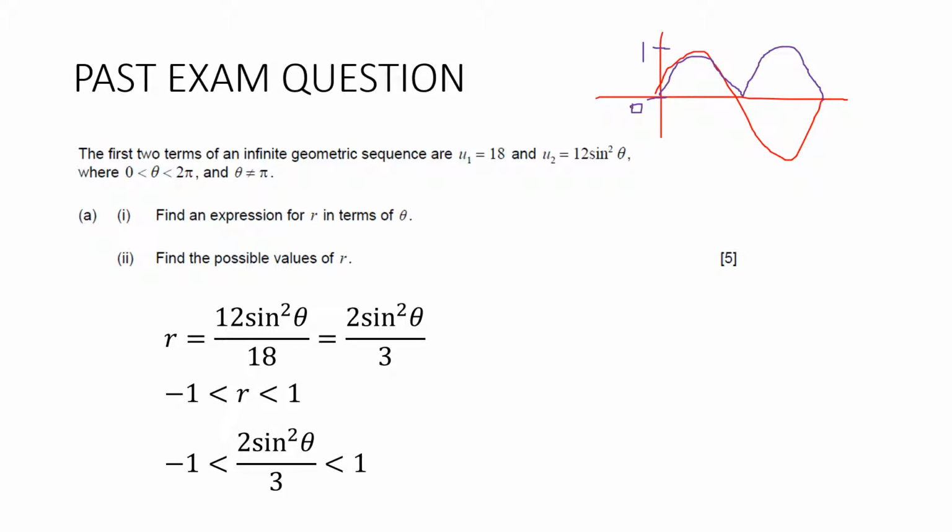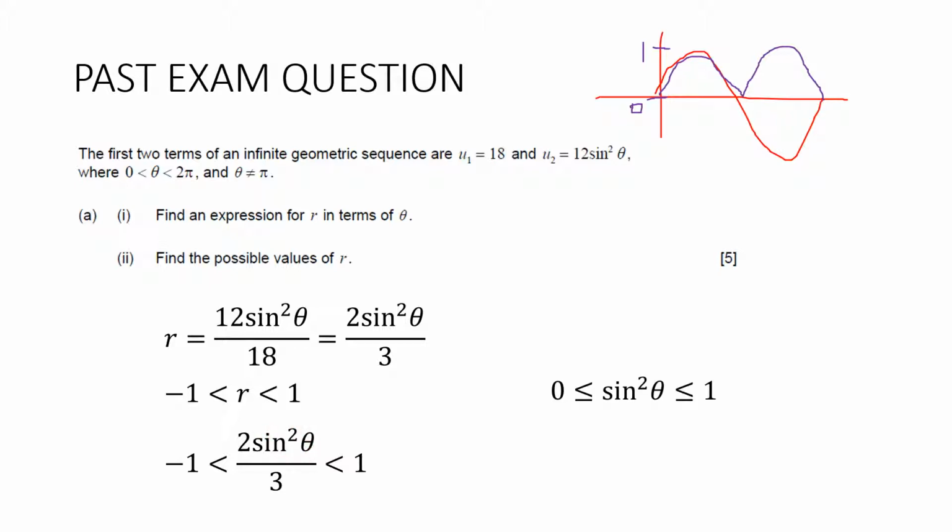So let's look back here at this expression. If this thing here is only ever between 0 and 1, then this whole thing must lie between 0 and 2/3. The maximum it can get is 2/3. And in fact, this is always going to lie between -1 and 1, so it was nothing to do with that. It was to do with the bounds of sine squared theta.